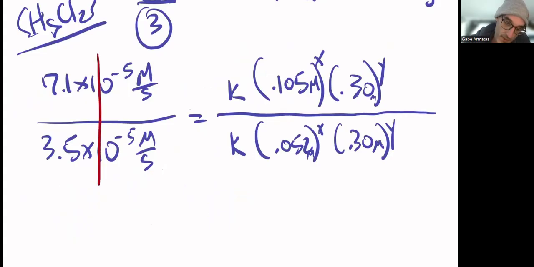So looking at this, this is reaction 2 over reaction 3. What we expect for 7.1 over 3.5 times 10 to the negative 5th is going to round to about 2.